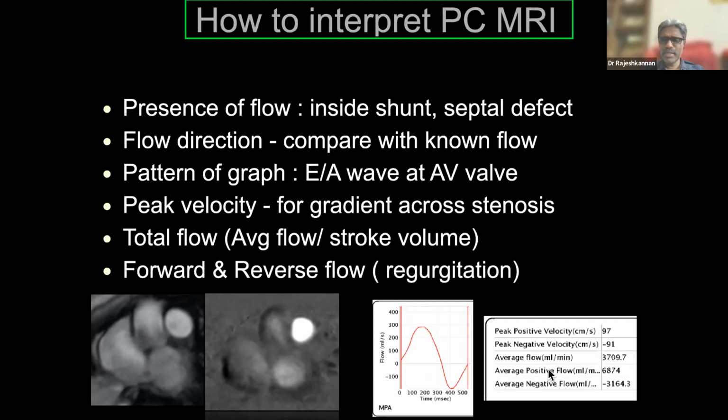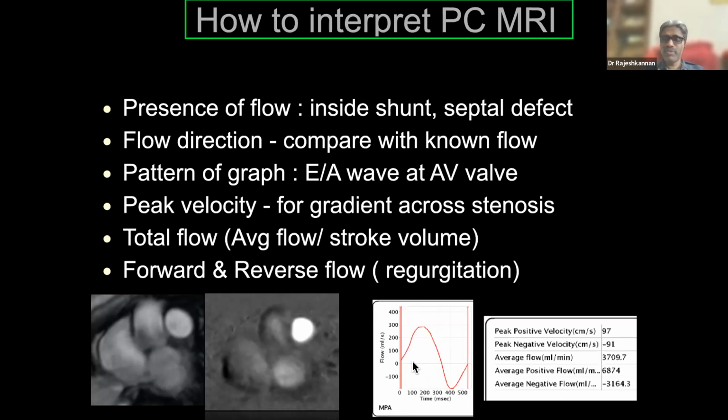And we have to look at the positive flow and the negative flow. The negative flow is indicative of a regurgitant flow. For example, in pulmonary regurgitation, the negative flow will indicate the regurgitant volume, and the regurgitant fraction can be calculated by regurgitant volume divided by forward flow multiplied by 100.